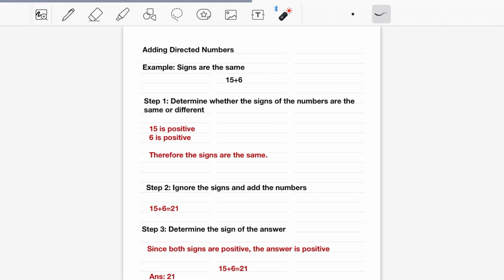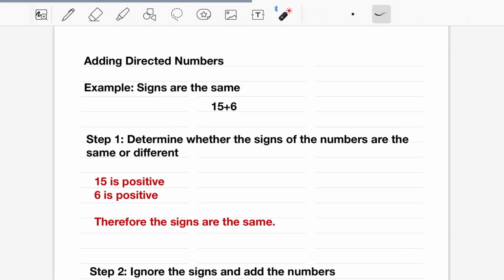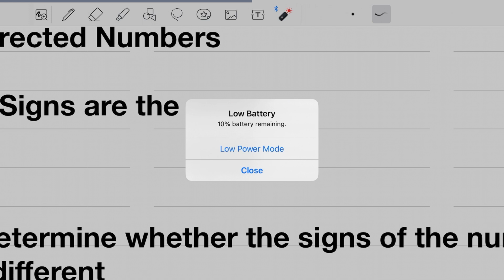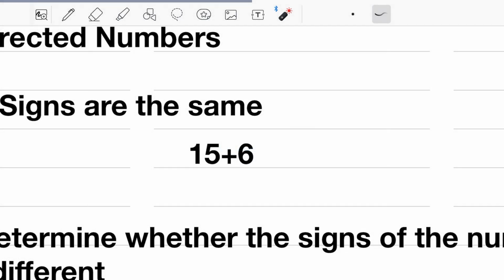So let's look at another example where the signs are the same. Of course, step 1 is to figure out whether your numbers have the same signs or not. In this case, both of our numbers are positive. As I said before, you can figure out whether the signs are negative or positive by looking to the left of the number.